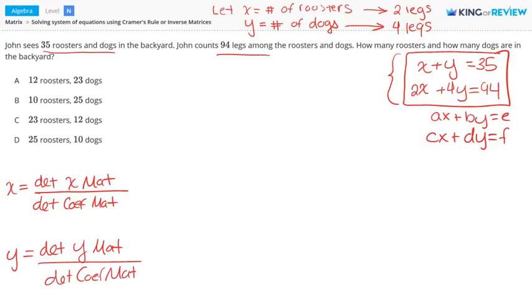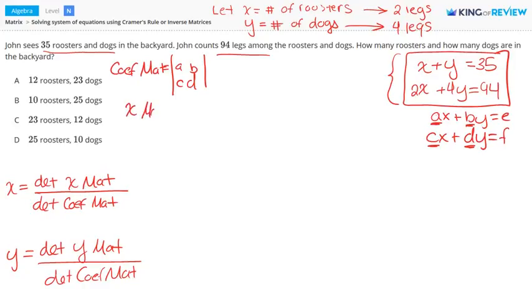So let's set up our 3 matrices. We first have our coefficient matrix. So the entries in this matrix are A, B, C, and D. You can see that these entries are the coefficients of our x and y terms.